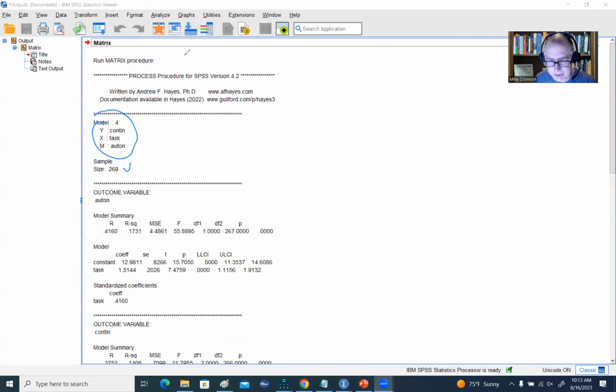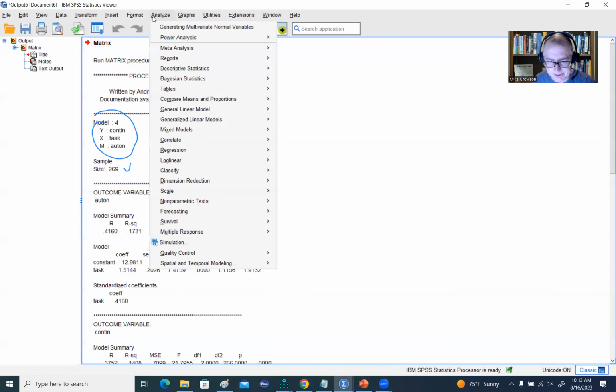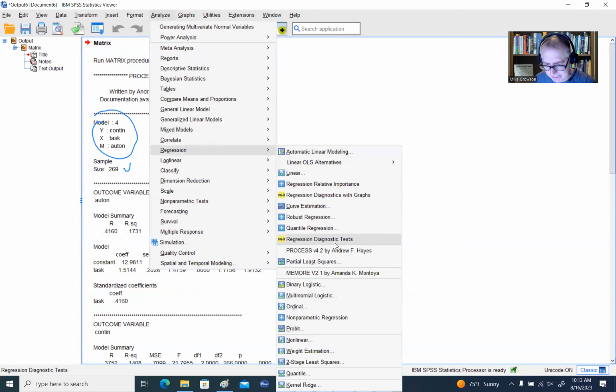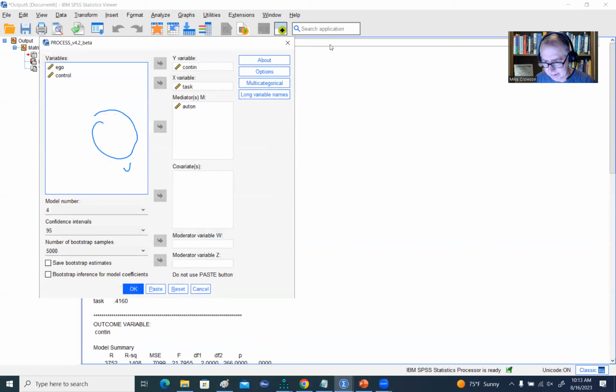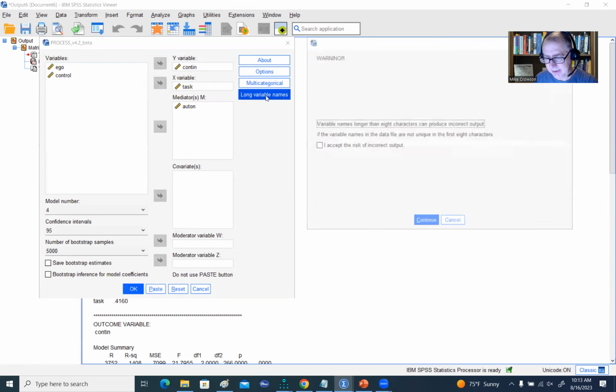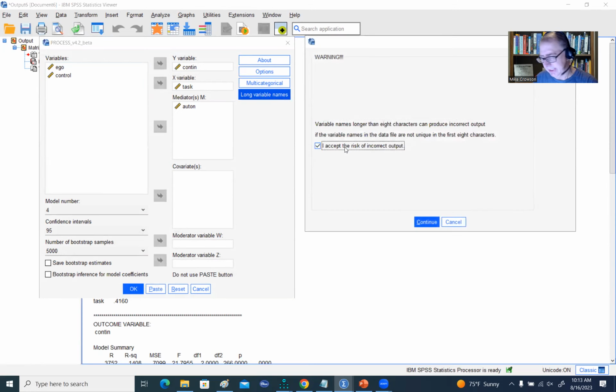One other thing that I do want to mention, I'm just going to back up just a second here and go back to our menu right here. You'll notice that there's this option right here for long variable names. And if your variables have more than 7 characters, if you don't check this box right here, then it's not going to run the analysis.